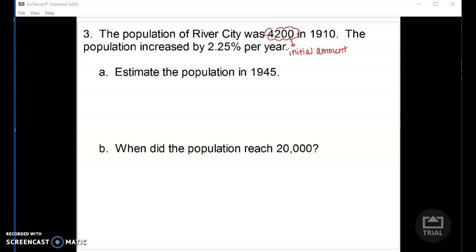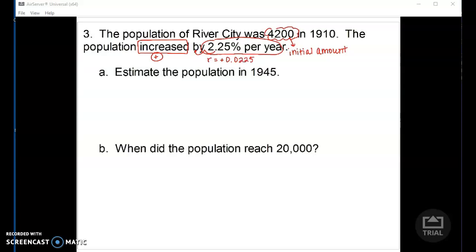And then the population increased. So increase means we're going to use positive, by 2.25% per year. So that means our rate is going to be positive. To change your percent to a decimal, you can move your decimal 2 places to the left. So 0.0225.